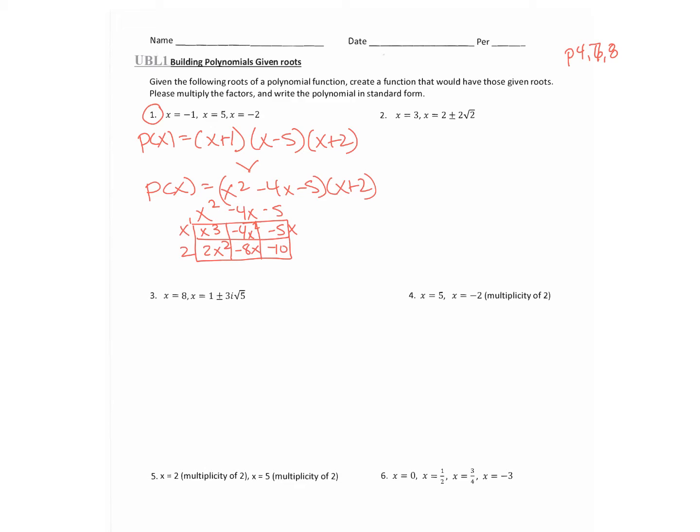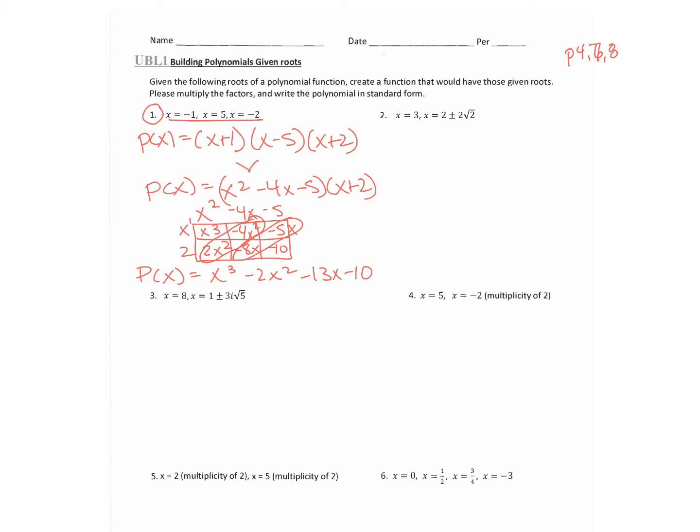So now I look on my diagonal and I gather up my like terms and then I write my answer. So the polynomial that would have had these 3 as its answer, its solutions, its roots, would have been x cubed minus 2x squared minus 13x minus 10.